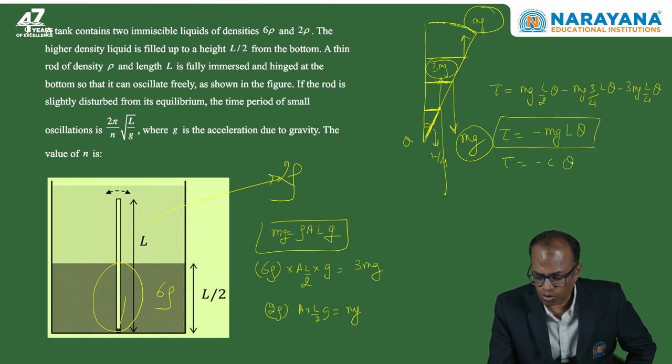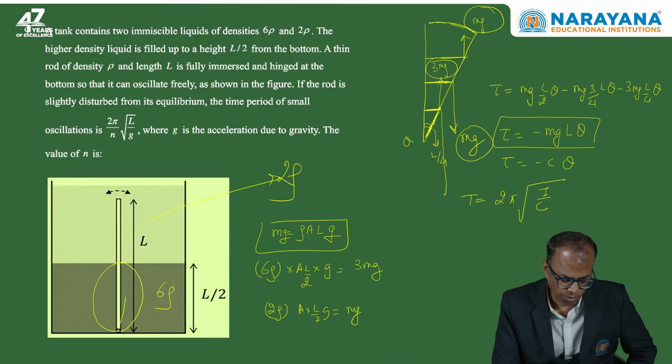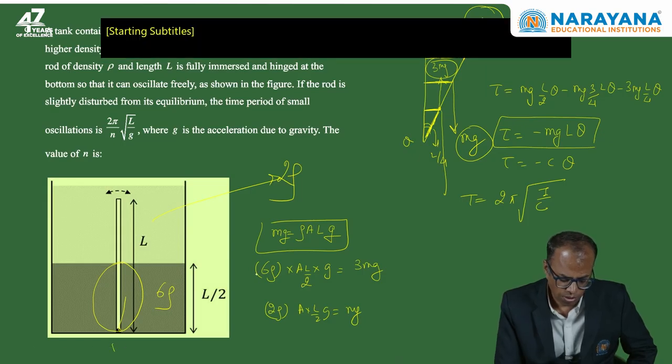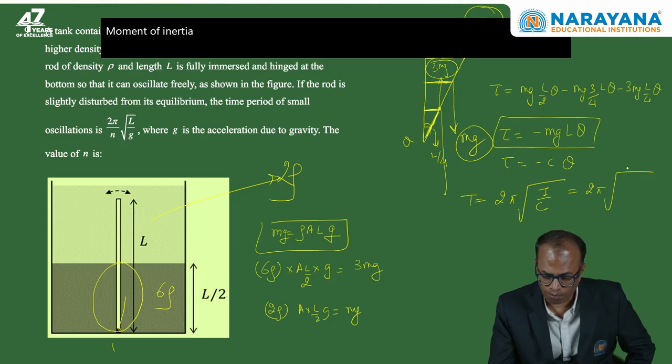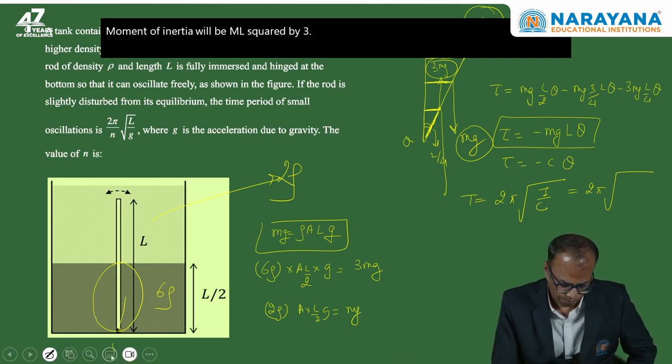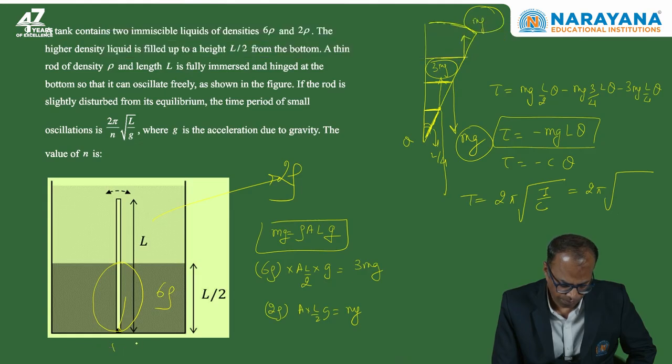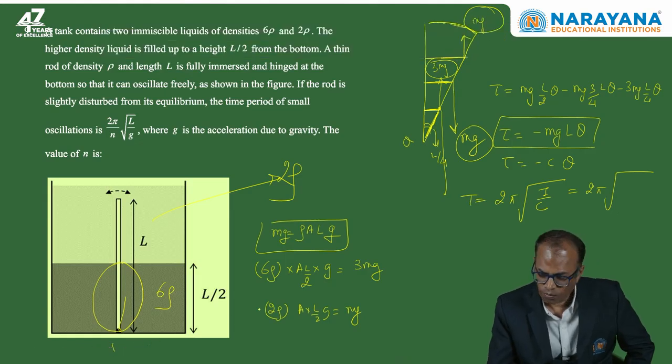This is of the form torque is equal to minus c theta. Time period will be 2 pi under root I by c. Do you remember the moment of inertia about hinge? Moment of inertia will be mL squared by 3. mL squared by 3 and c is mgL.